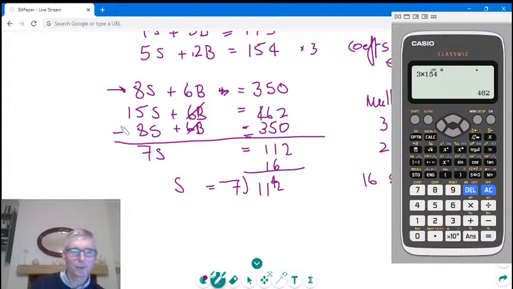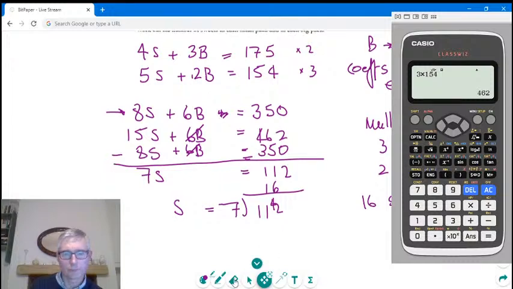If we want to find out the number of big packs, we're going to have to substitute that into one of the original equations. I'm going to choose this one because that looks the simplest to me. Could again choose the other one and that should work. So we replace the S by 16.